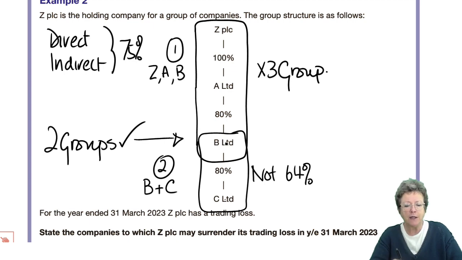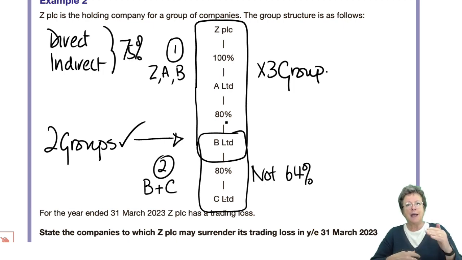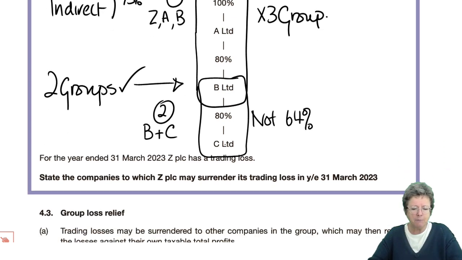It cannot then transfer them to C. B could have losses from C, but it must use them and cannot transfer them up to A or Z. So it doesn't matter that it's in 2 groups, but you cannot start manoeuvring losses between groups, if you understand what I'm trying to say. So you can be in more than one group.